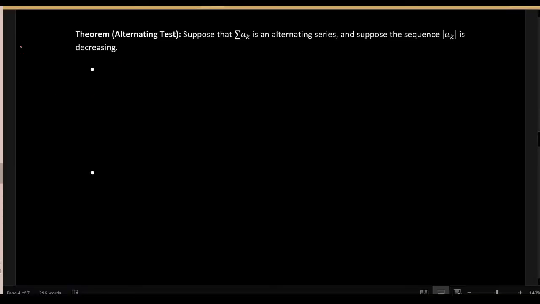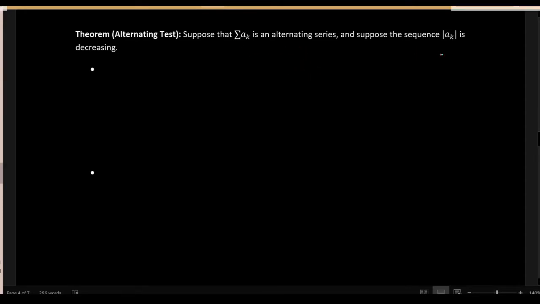Once you have an alternating series, it becomes very, very easy to determine whether or not that series is converging or diverging. There's really only a little bit that you need to investigate. You have some series, sum of ak, that you need to determine whether it is converging or diverging, and you know in advance that this series is alternating.